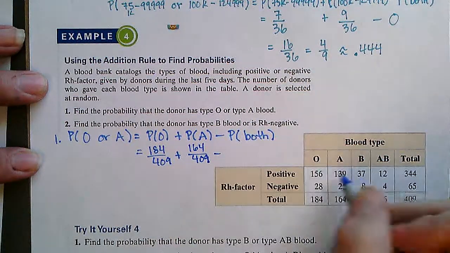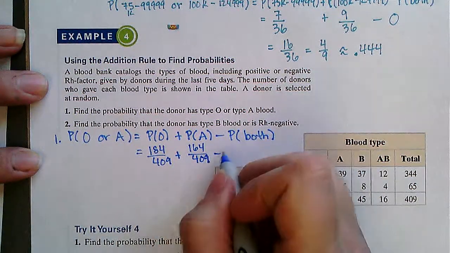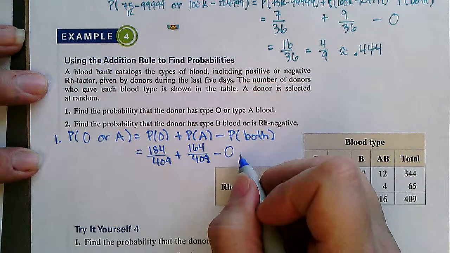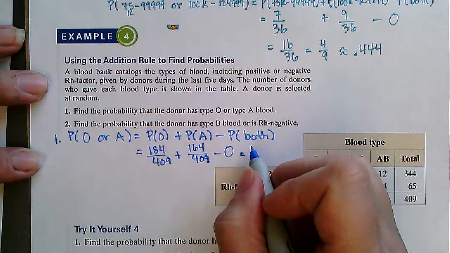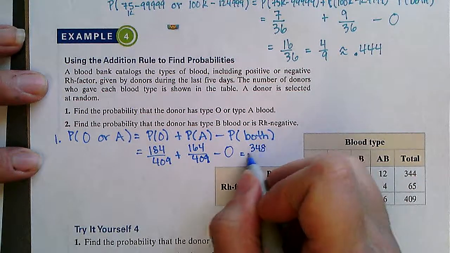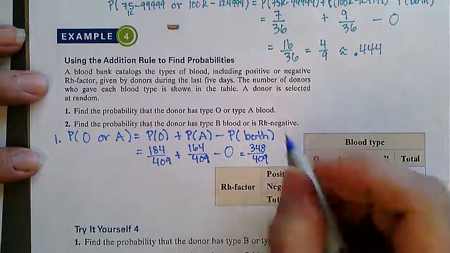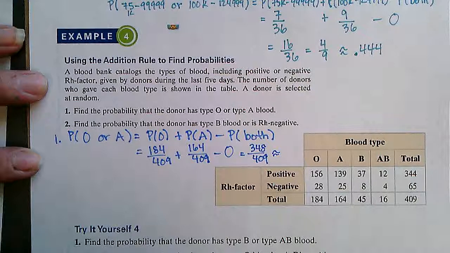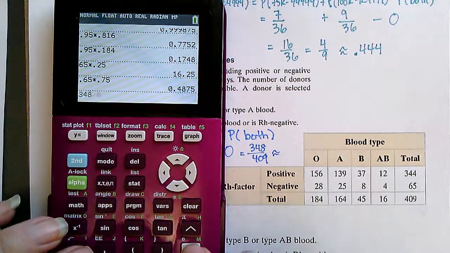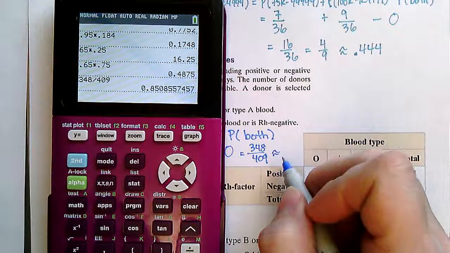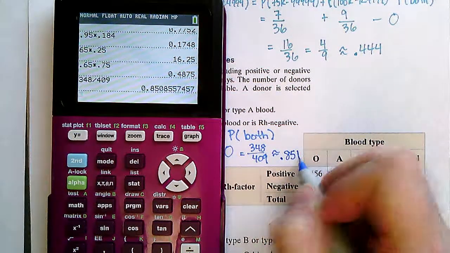There are none that are both, so that would be 0. So this is going to be 348 out of 409, which is approximately 0.851.